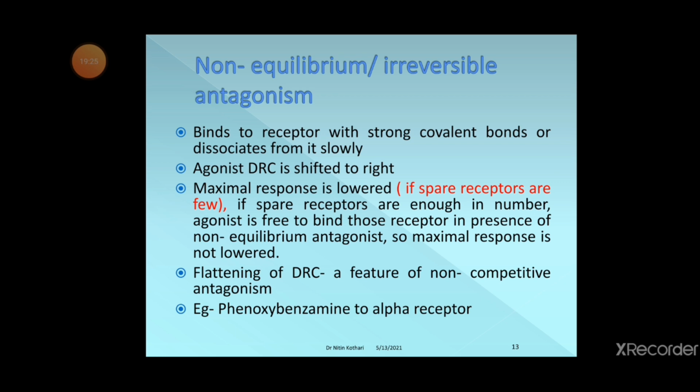So one feature of equilibrium type of competitive is present here, and the second feature, flattening of DRC of non-competitive, is present here. A typical example of irreversible type of antagonism is phenoxybenzamine binding to alpha receptor.